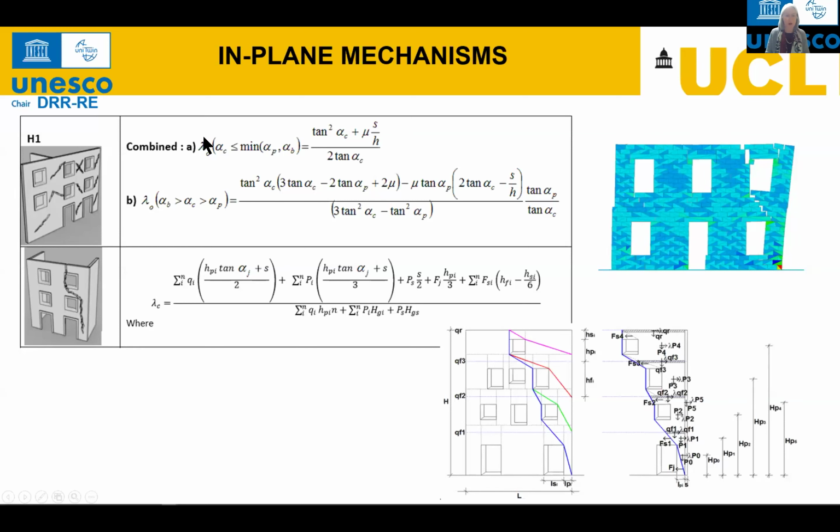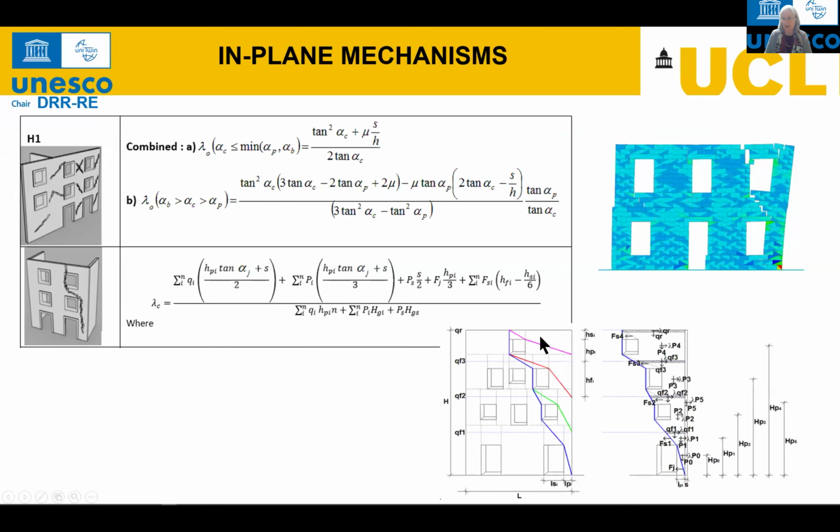We consider whether they will occur in pure friction, or also be associated with the staggering of the brickwork, and therefore along a particular line of cracking, where alpha P and alpha B are the difference between the shape ratio of the panel or the facade and the shape ratio of the brickwork, or, as we saw earlier on, in a manner that identifies this singularity of crack, which then requires a much more complex set of forces to be put in equilibrium together with the friction resistance that goes along the crack itself.